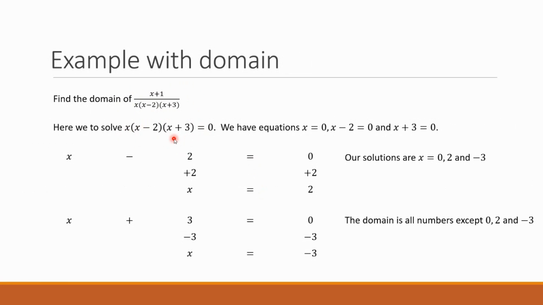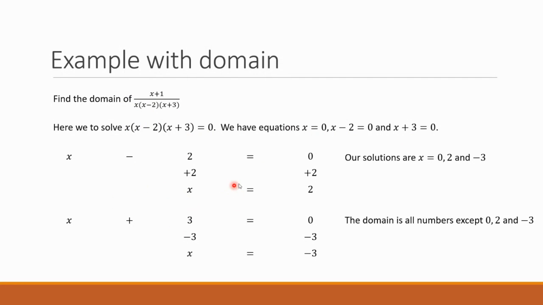Remember, the way you solve this is you set each factor equal to 0. So we get x equals 0, x minus 2 equals 0, x plus 3 equals 0, and we solve each equation. The first one is easy: you just get 0 as the solution.